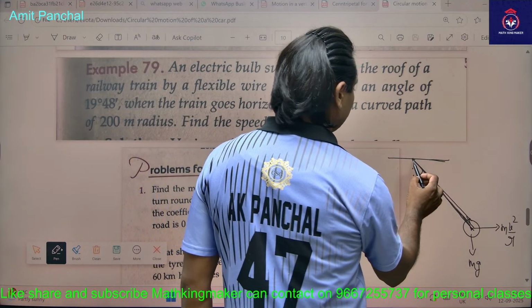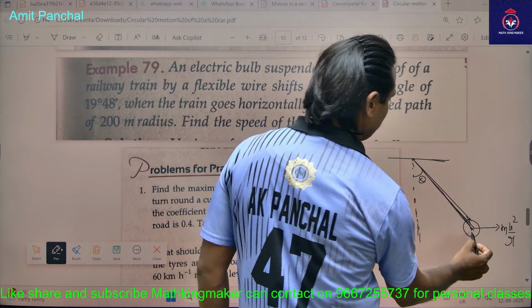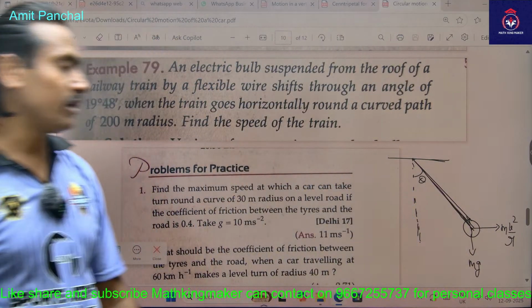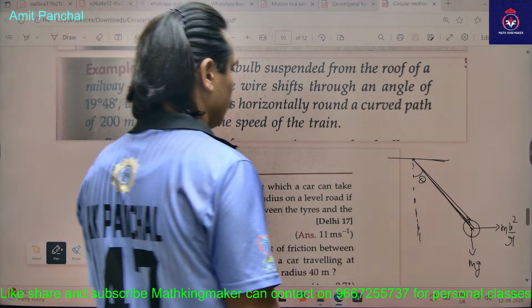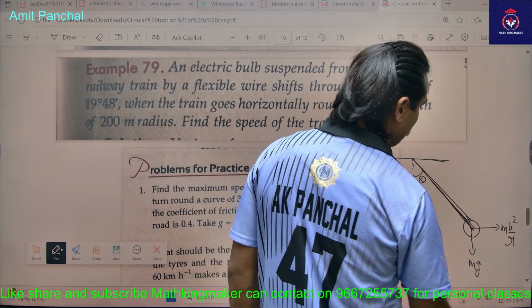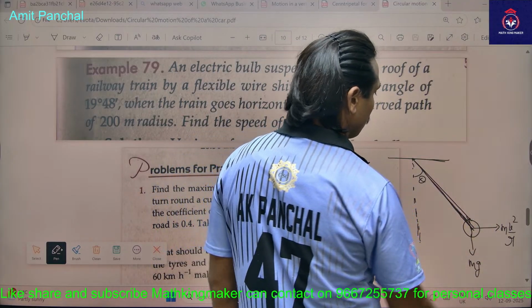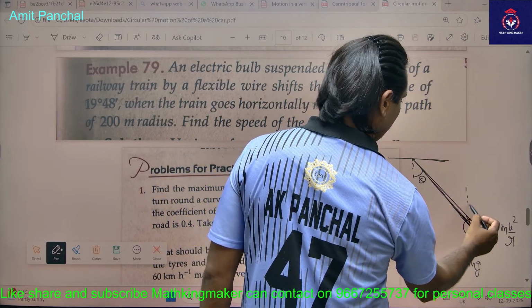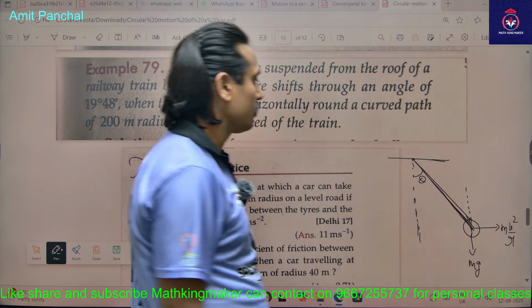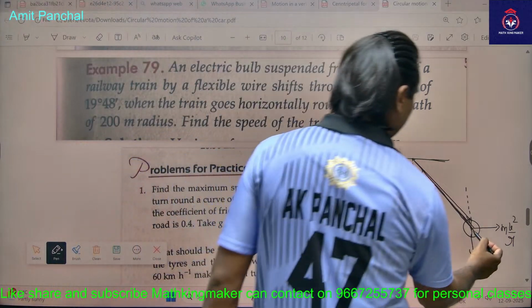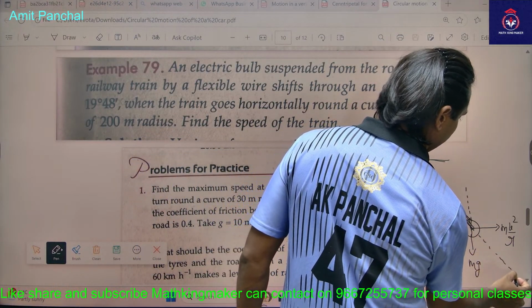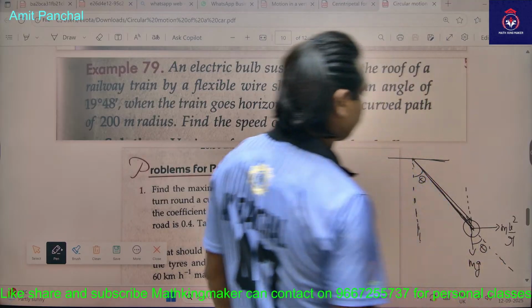If this is theta, your mv square upon r will also have two components. But how will we break the components of mv square? We can, because it will be an angle. Yes, surely you can find the angle. This angle is theta.